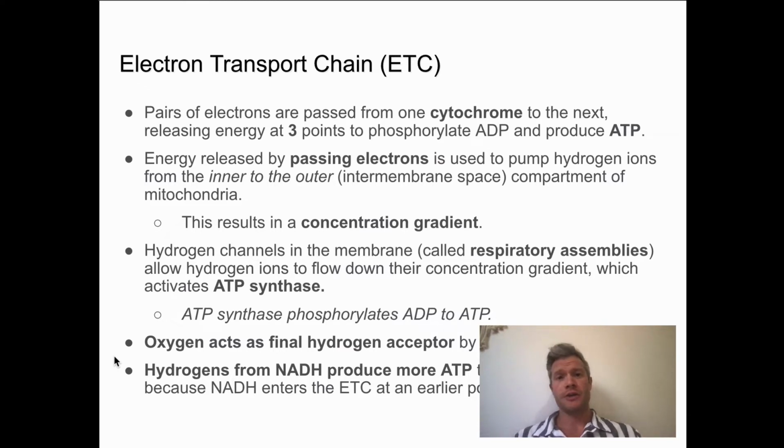So we get water as a byproduct of our oxidative respiration or phosphorylation. Just as a last note, we'll talk about numbers of ATP produced per metabolic substrate in a following video, but we'll talk a little bit about what is produced at the end of the electron transport chain here.